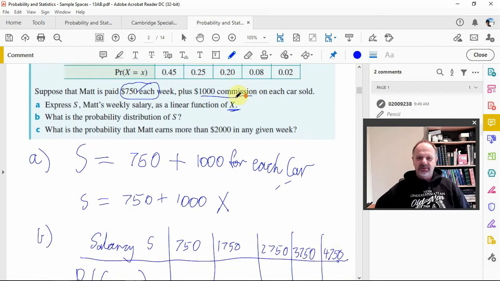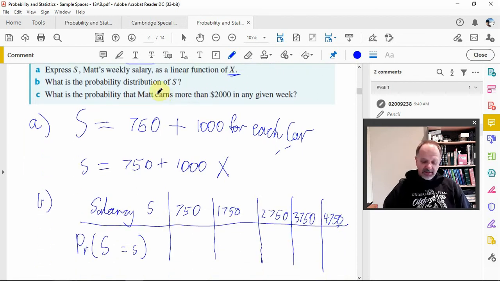So it depends on that probability. So it's 0.45 here, 0.25 here, 0.2, 0.08, and 0.02.